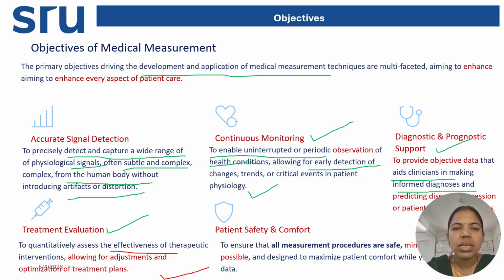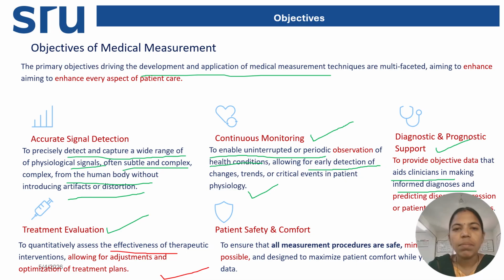If the patient is at a younger stage and he is able to withstand or face the surgery, then at that age surgeries can be planned. So like this, the treatment evaluation can be done based on adjustments and optimizations, and we can plan the treatments. Next one is patient safety and comfort.